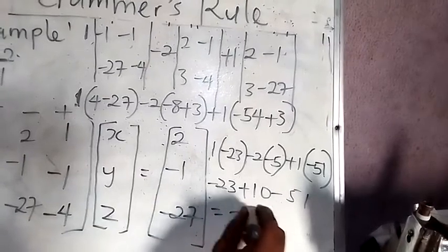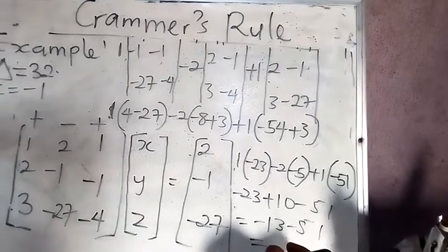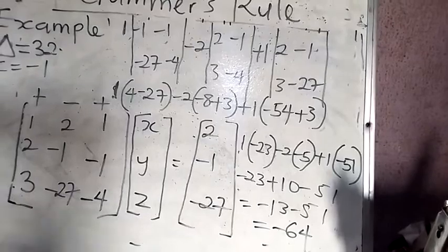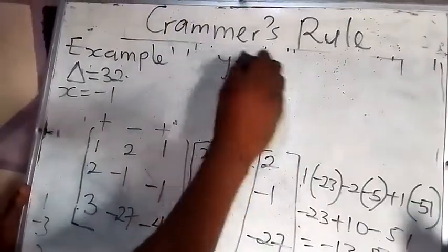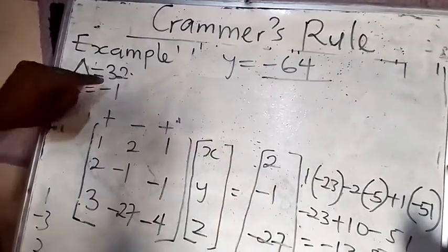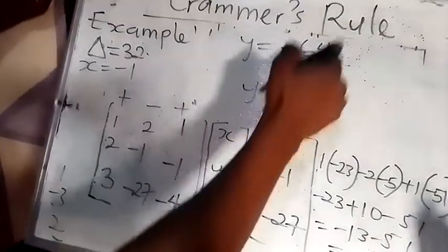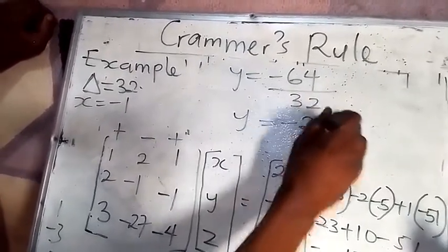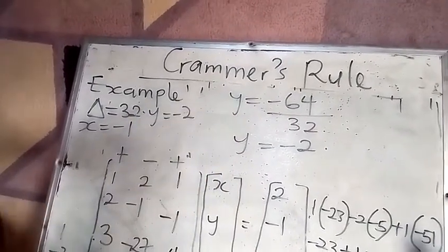And minus 13 minus 51, that is minus 64. The second one gives us minus 64. As you can see, minus 64. So first we get minus 64 all over the first determinant, 32. So 64 divided by 32, that is 2. Don't forget the minus. Minus 2. That means our y is minus 2.